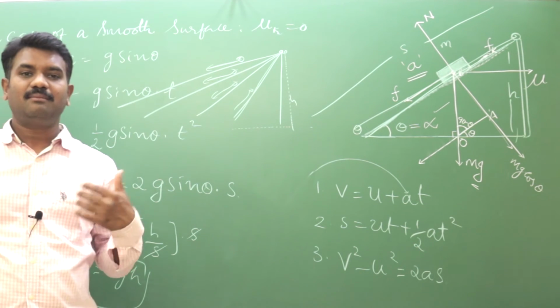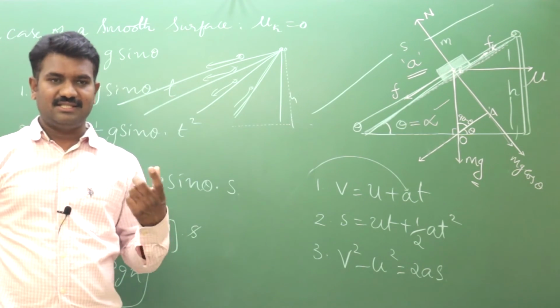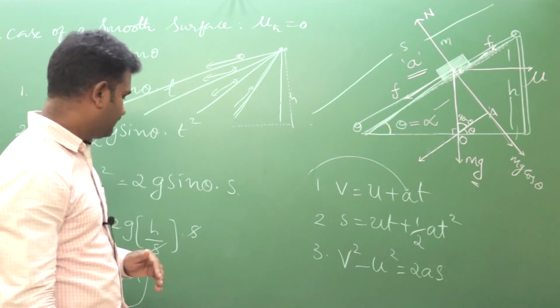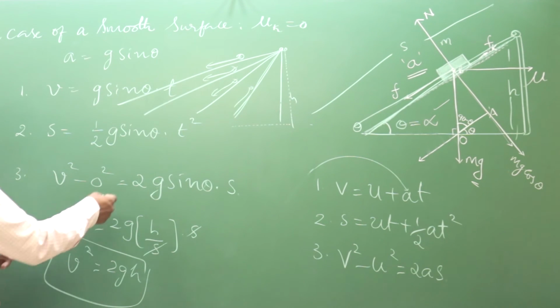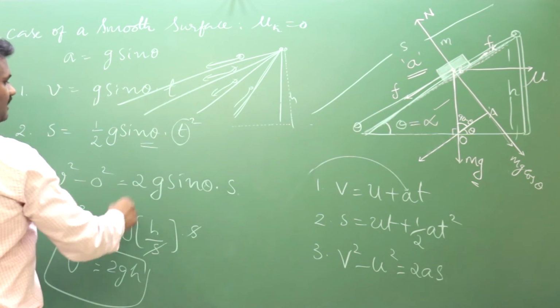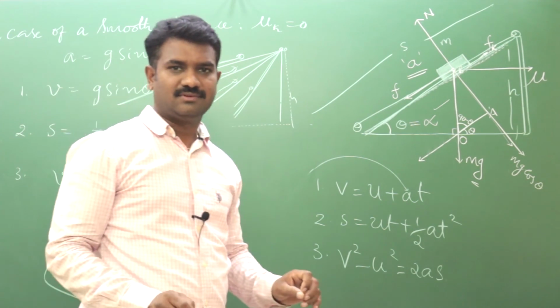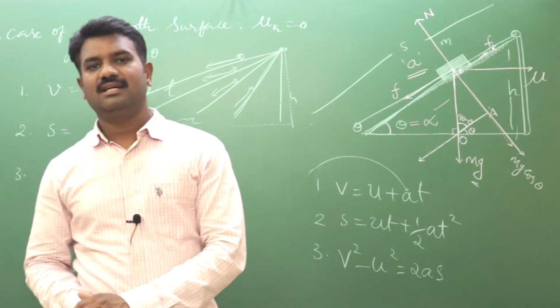Is it clear? But what about the time? Final velocity is the same, but as the distance is different, the time will differ. So the time, which you can get from the second equation, depends upon the angle, but the final velocity is independent of the angle. Is it clear? Good. So this is the case when the body is sliding in the downward direction.